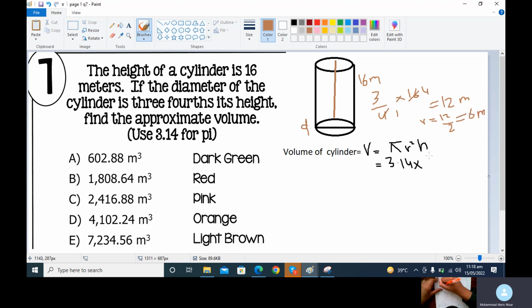So we can plug it here. That will be 6 square multiplied by h. Obviously h is given, height is 16 meters.